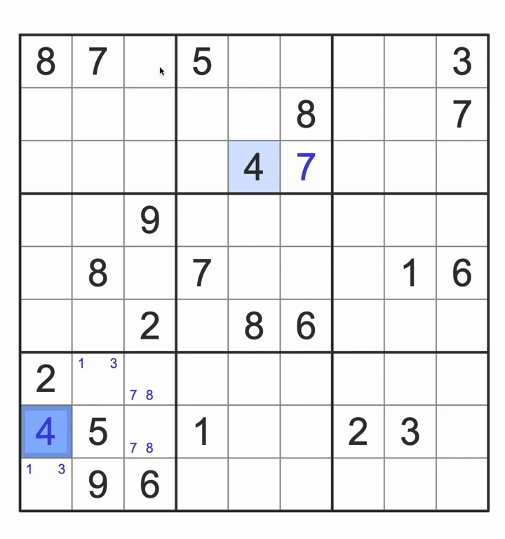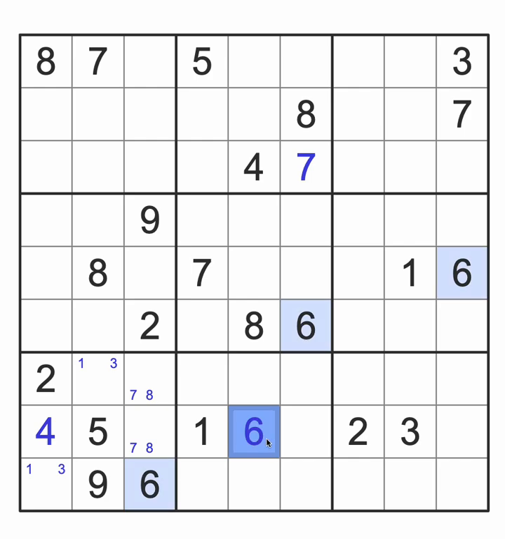Oh, and I can place 6 on row 8. This 6 blocks here, this 6 blocks here, this 6 blocks this cell.